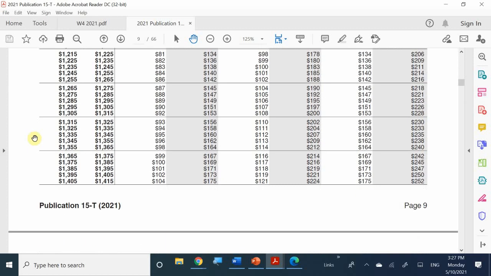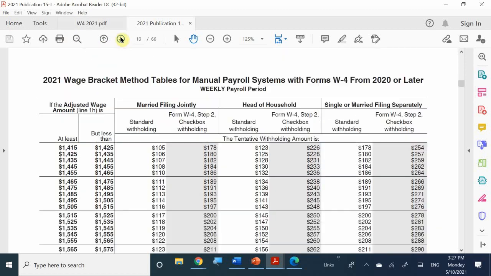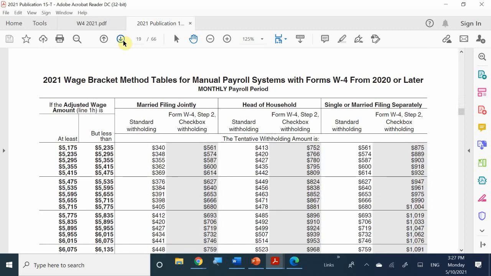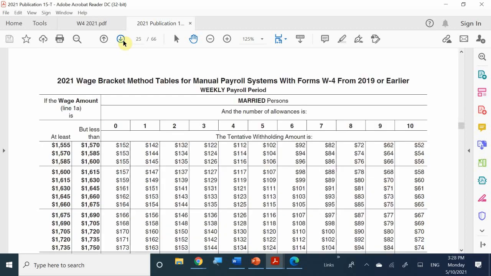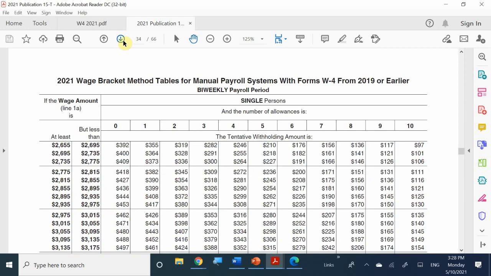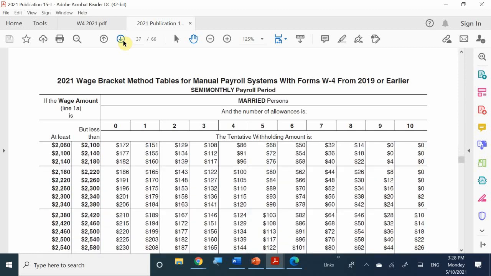So what we're going to be utilizing is going to be based on the manual payroll system for the percentage method. So I'm going to go ahead and fast forward. But once again, this is a really useful type of form that you want to look at, especially when you are going to be trying to calculate manual payroll.